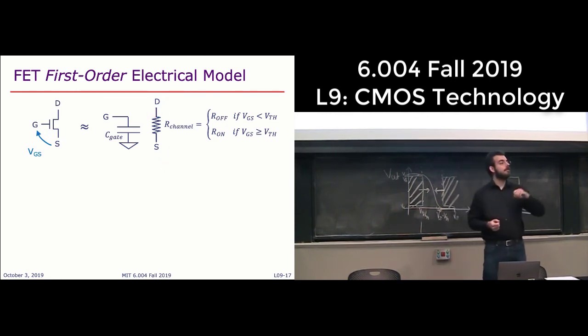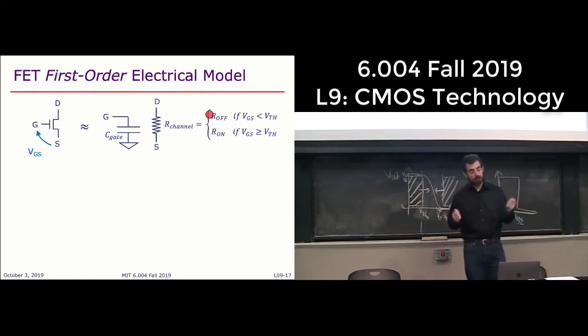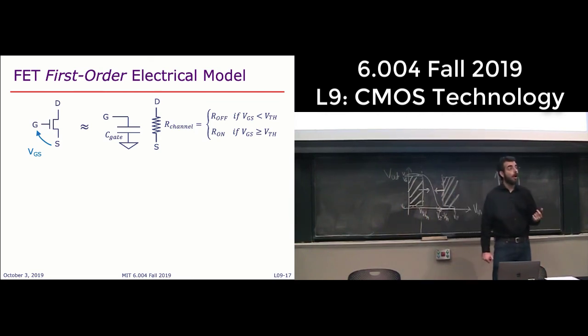This resistance varies depending on the voltage at the gate. If the voltage between the gate and the source is below the threshold voltage, then this will be R off, a very high resistance, almost like not being connected. And if the voltage at the gate is high for this MOSFET, then this will be the resistance when the FET is on, a low value.